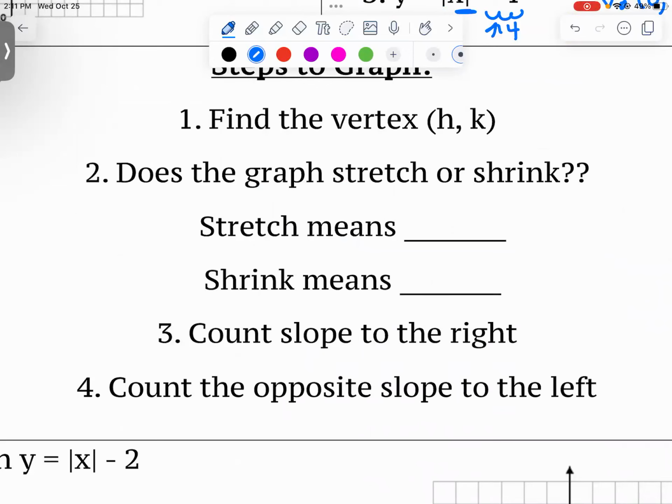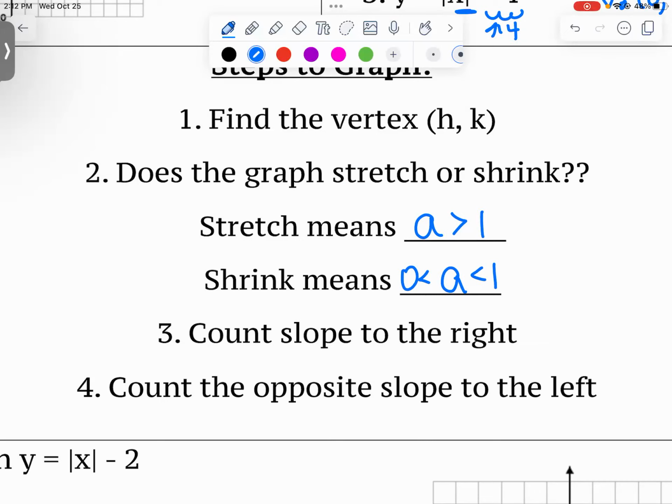A changes the slope of the graph. Basically, if A is bigger than 1, your graph is going to stretch. It's going to be a skinnier V. But if A is between 0 and 1, you're going to have a less steep slope and it's going to get wider.